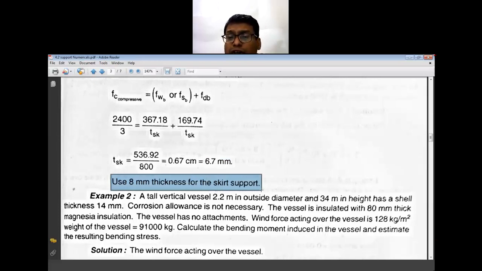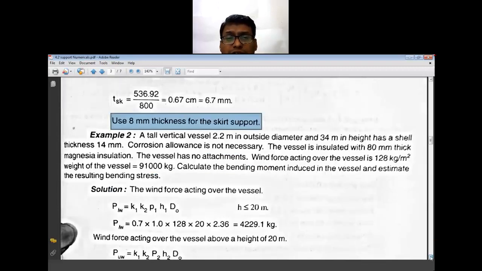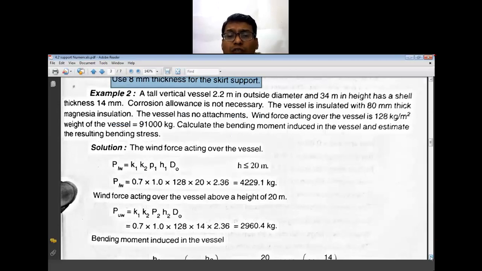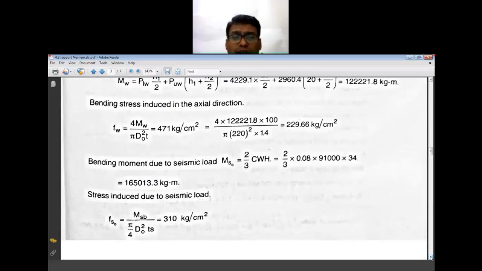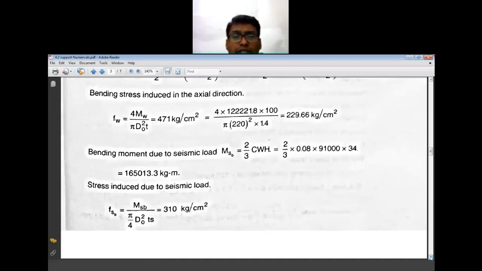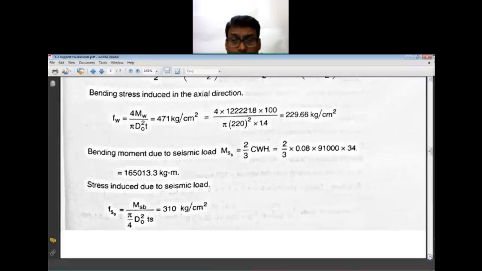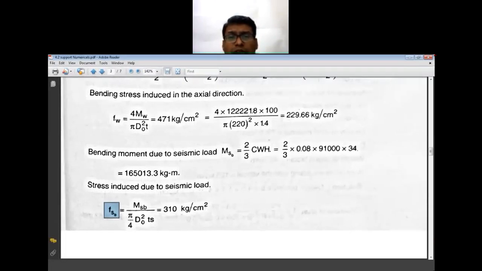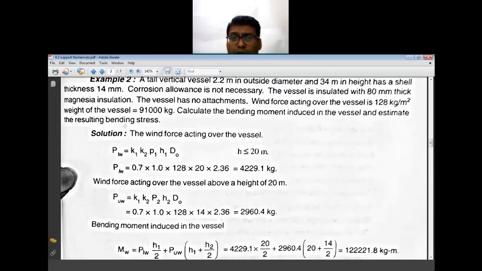This compressive stress is 1/3 of the yield stress, and the yield stress mentioned is 2,400 kg per centimeter square. So the thickness calculated is 6.7.